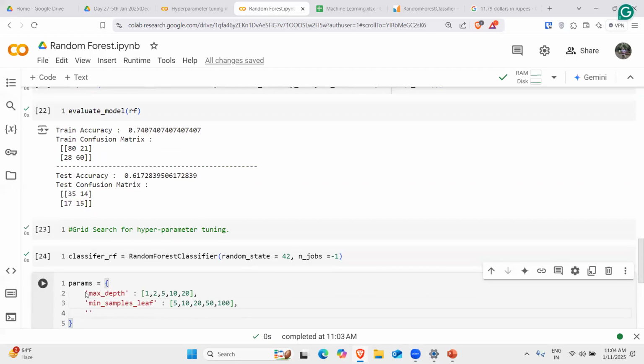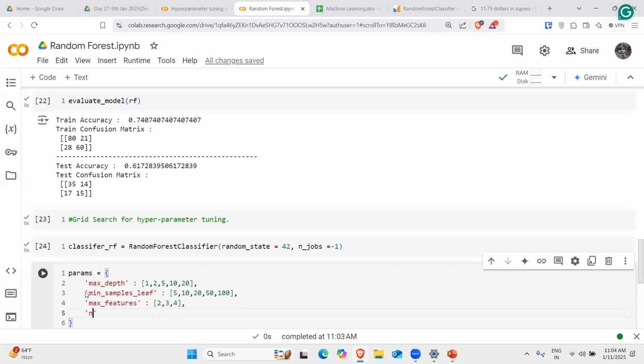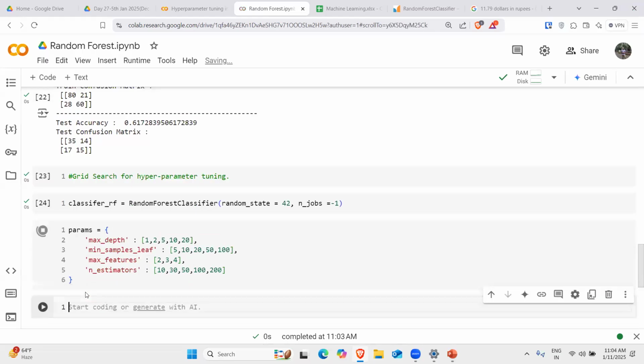And you have max features equal to 2, 3, 4, n underscore estimators equal to 10, 20, 30, 50, 100, 200, something like that, right? And you guys will be using grid search CV now, and I leave this part with you as part of your homework, right?